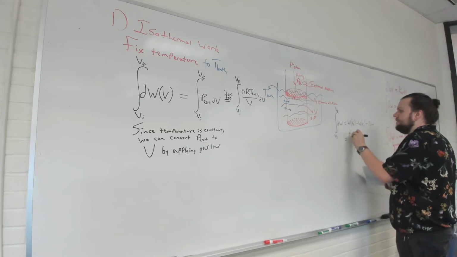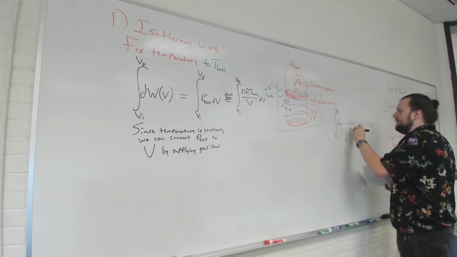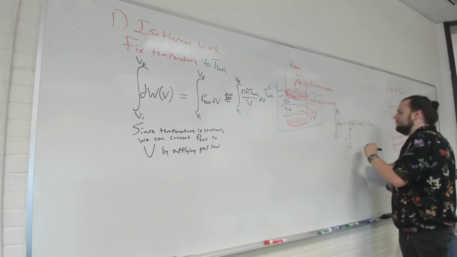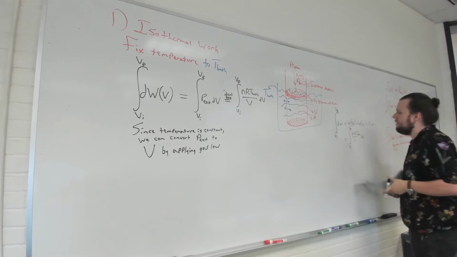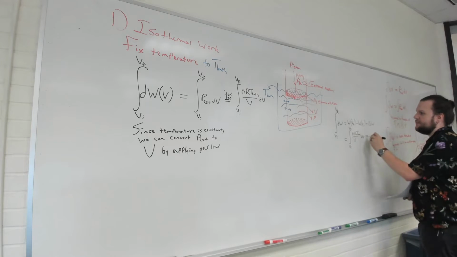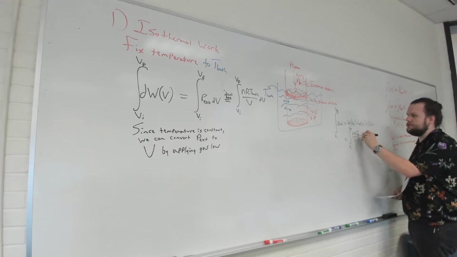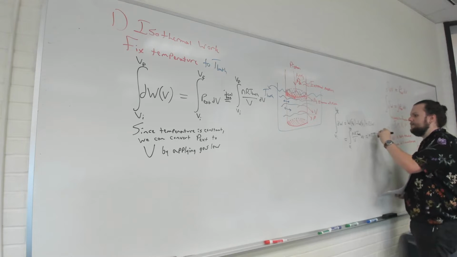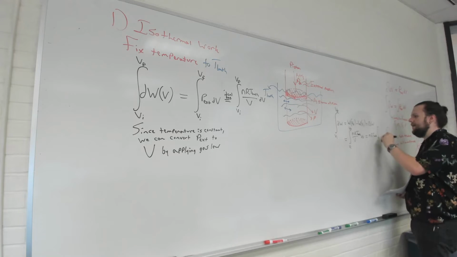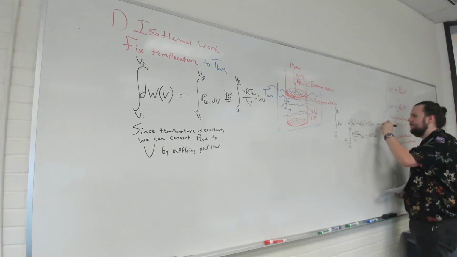And this is equal to the integral from Vi to Vf of nRT_bath over V dV. Right, I'm going to factor out some, these are just numbers, because the temperature is constant. So this is nRT_bath, integral from Vi to Vf of dV over V.